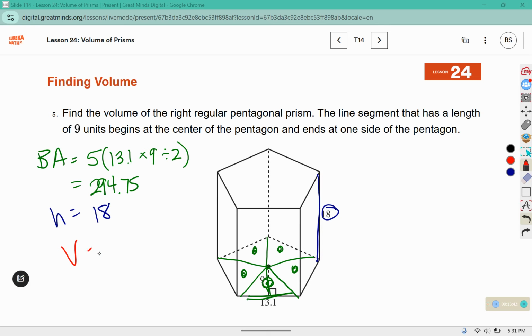To calculate the volume, we do the base area times the height. And that gives us a volume of 5,305.5 units cubed.